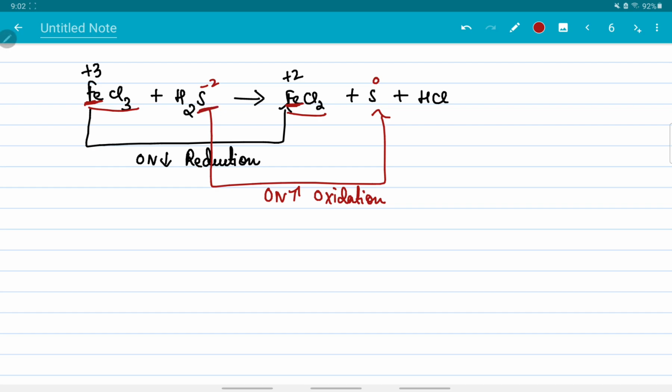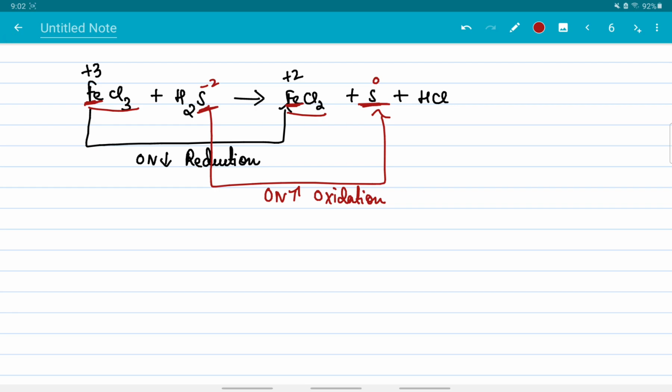Now this sulfur and this sulfur were both getting oxidized. Don't even think about the hydrogen. Just look at that sulfur, because only sulfur was getting oxidized. This side has one sulfur and this side also has one sulfur, so it is also balanced. So that step where we balance those atoms is done.